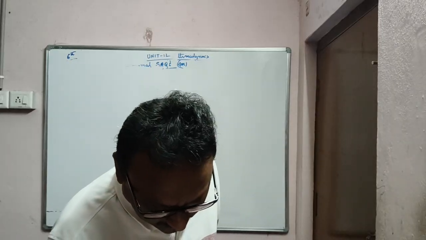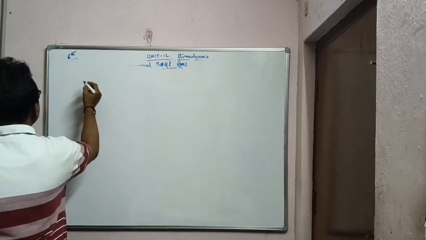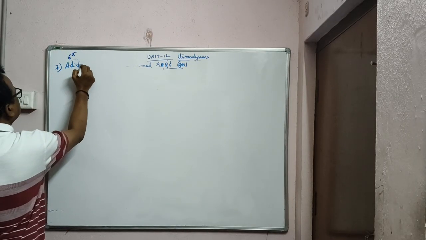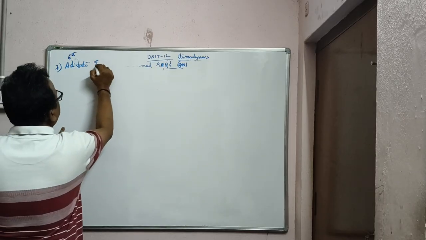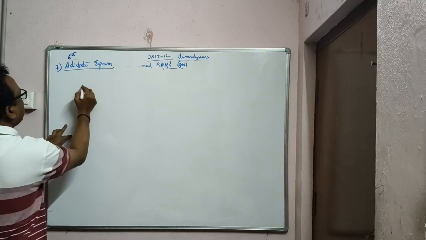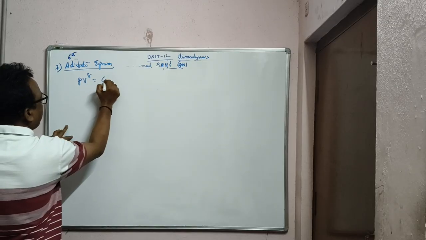Derive an equation for work done by an ideal gas during adiabatic expansion. So adiabatic expansion work done is asked. Now what is adiabatic? PV to the power of gamma is equal to constant.